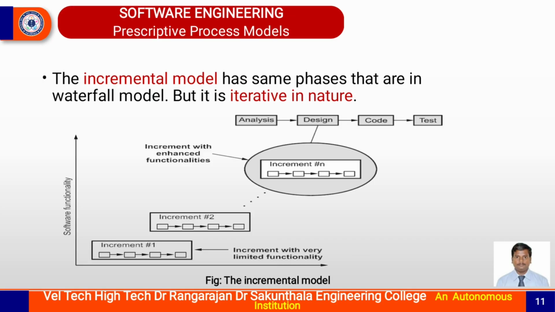Next, the incremental model. The incremental model is created for the user to understand the software product, and this model is refined and explained in 4 different types: analysis, design, code and test.